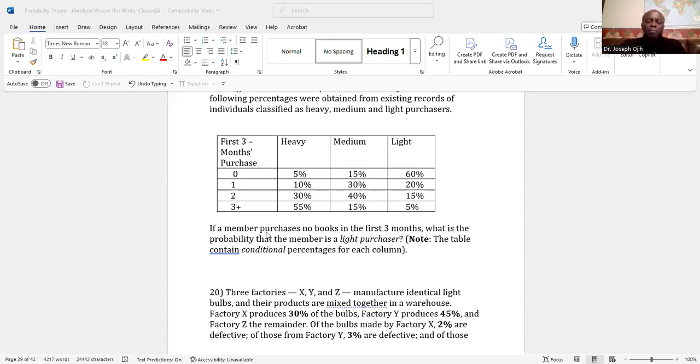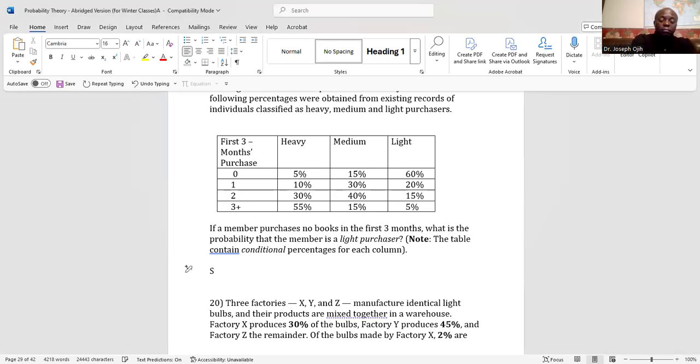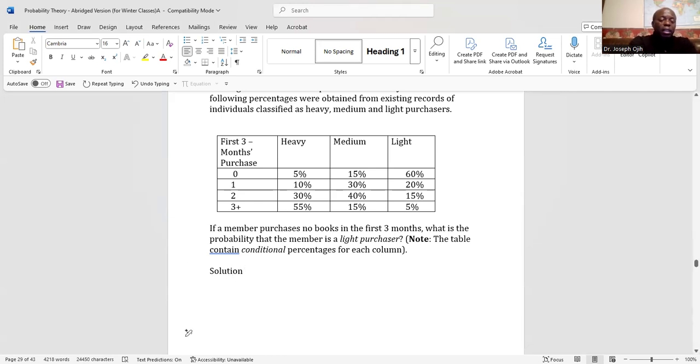If a member purchases no book in the first 3 months, what is the probability that the member is a light purchaser? To solve this, we need to identify our events.